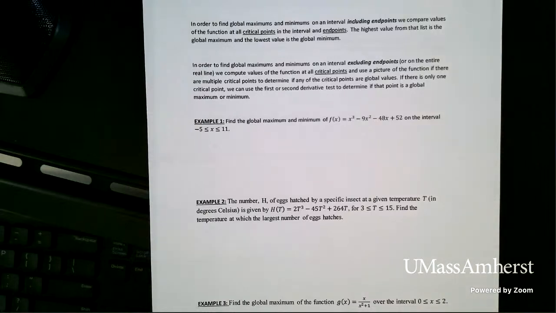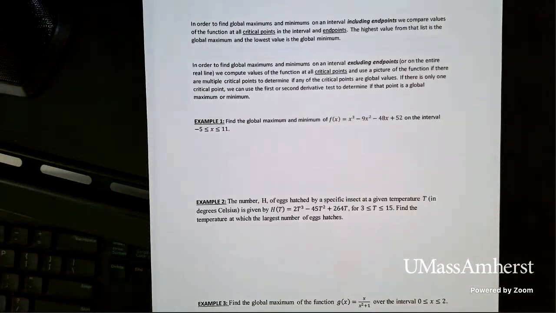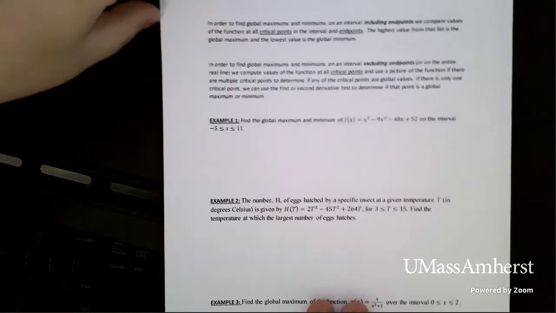And sometimes we're given an interval, so we're told that x has to be between this number and this number, okay? What does that mean for our process? That means that you have to make sure that your critical points are on that interval in order to be able to use them. If they are, then the process looks like this, okay?